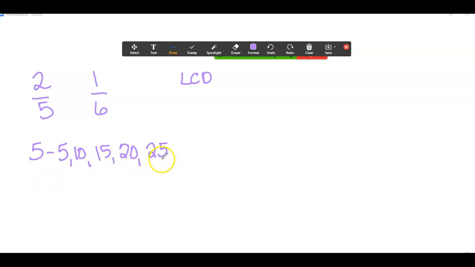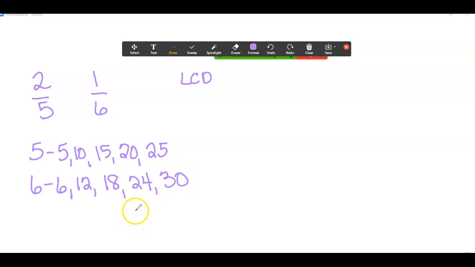Remember, I like to stop at 5 because I can always add more later if I need to. But sometimes I can find it within the first 5. So now I do my multiples for 6. 6, 12, 18, 24, 30.